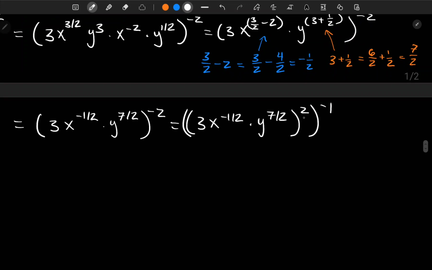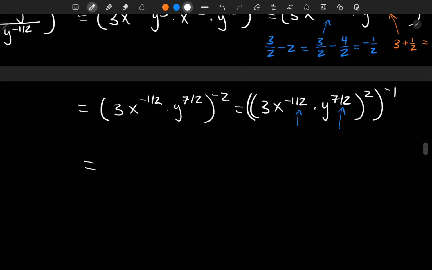And when we're multiplying the 2 in, well, both of these exponents here are to the 1/2 power. So when we multiply the 2 in, it becomes rather simple. So firstly, we get 3 to the 2nd power from the exponent here. So I can point it out, this one here.